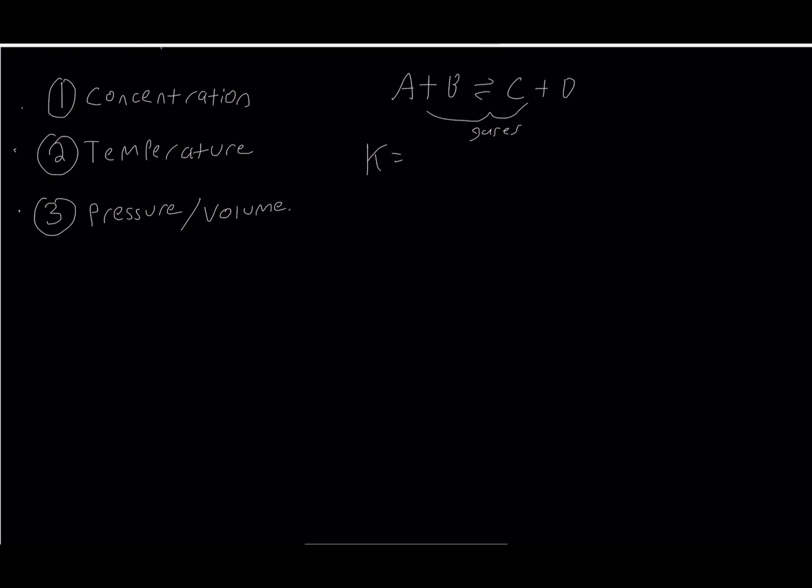So first write me my K expression. Then what will happen after I remove D, and then let's say this is an endothermic reaction. What will happen if I were to increase heat?